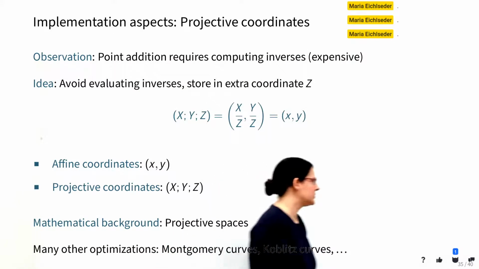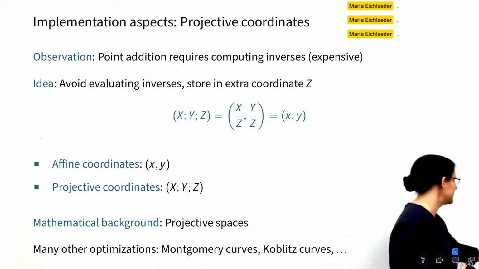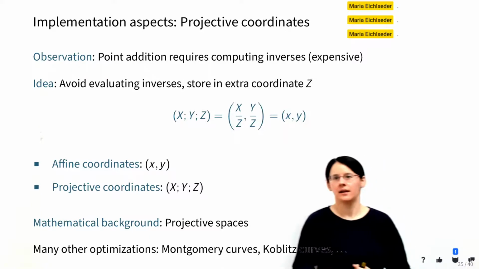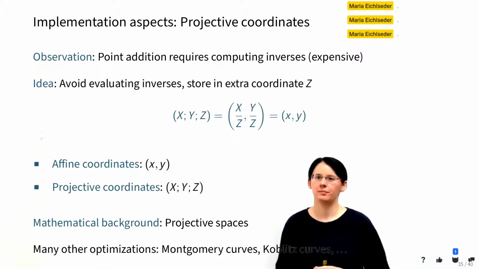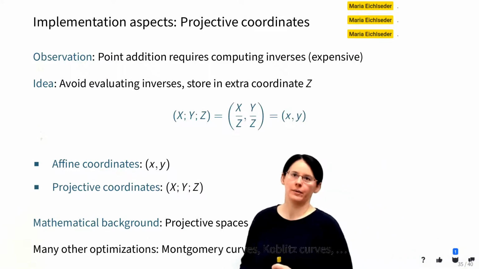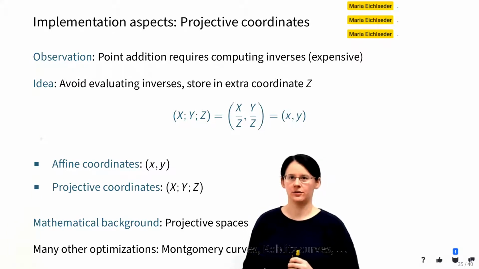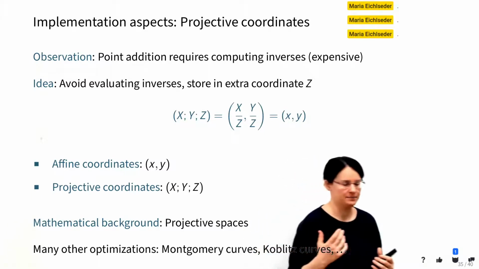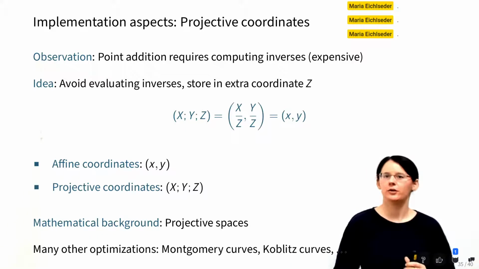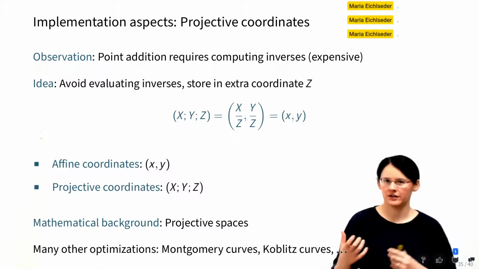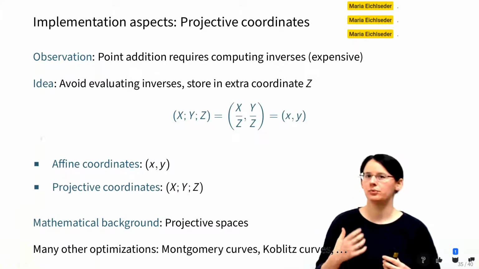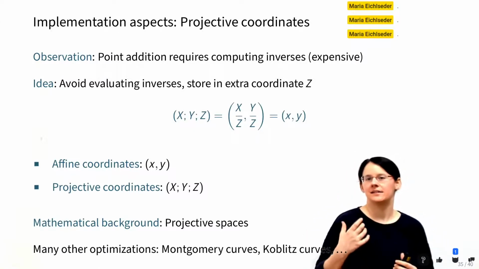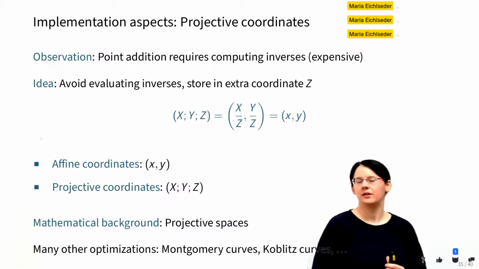Some final notes on implementing this efficiently. First, on the representation of the points. When we looked at the computations, I noted that these computations do involve some division operations. So for each point addition, you needed to compute two divisions. And dividing things is quite a bit more expensive than multiplying things.